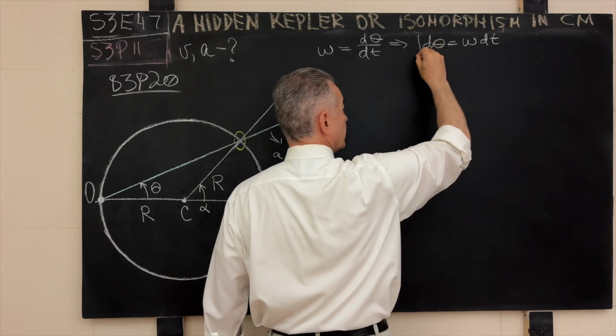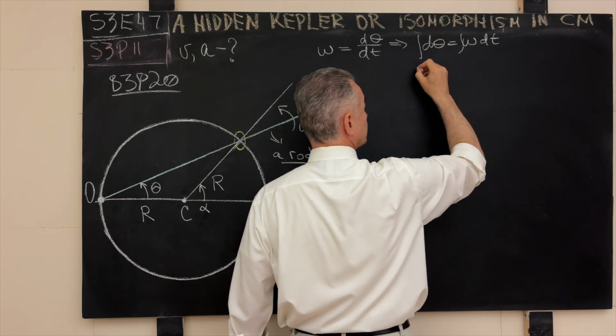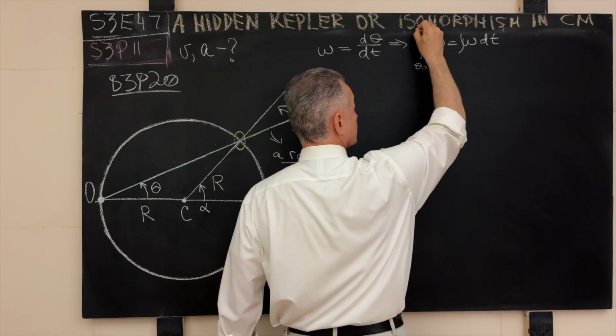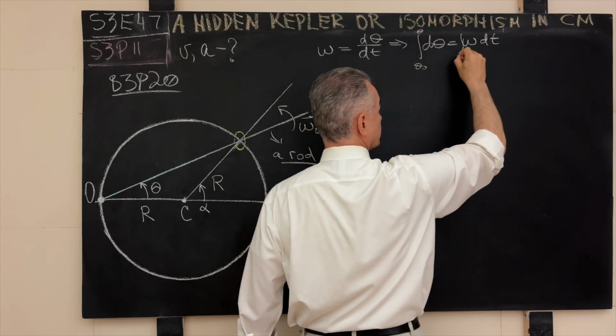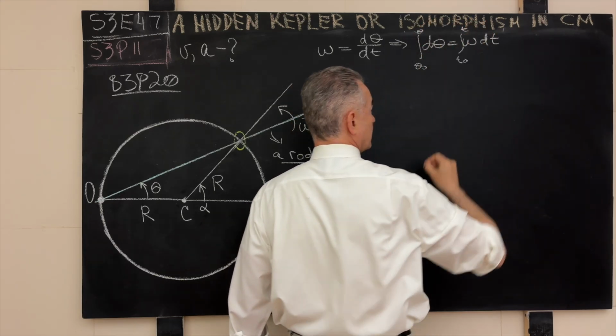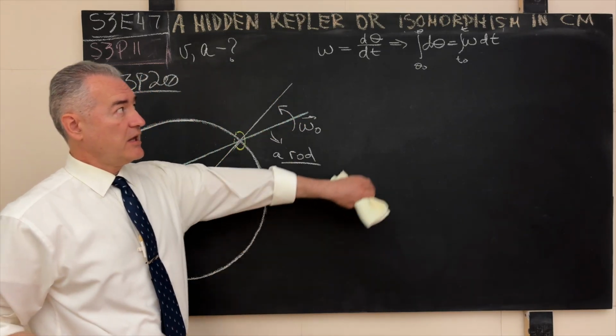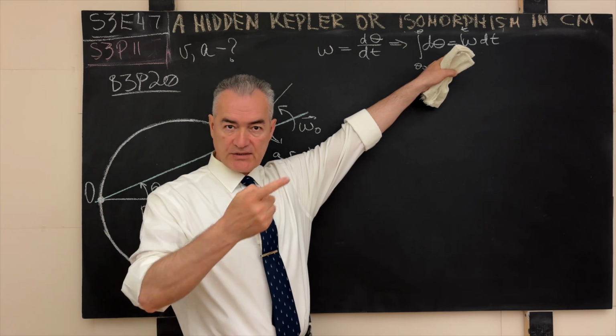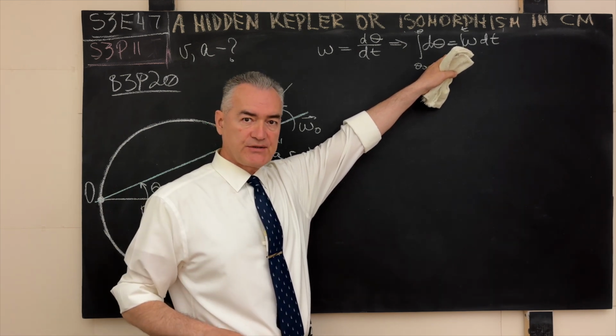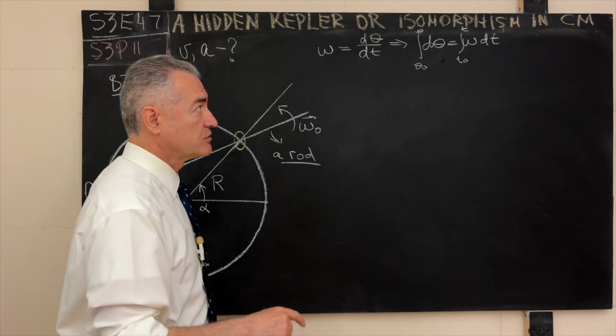But if we integrate both sides from theta 0 to theta and from t0 to t, we will have an equation that connects the angle that tracks the change of our rod about a certain point and the angular velocity in time.